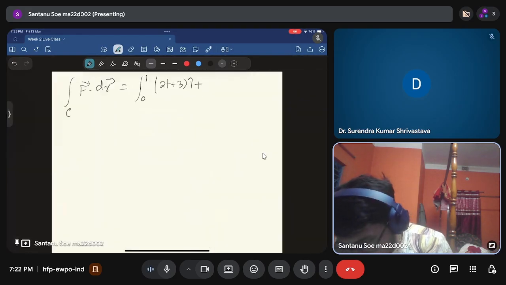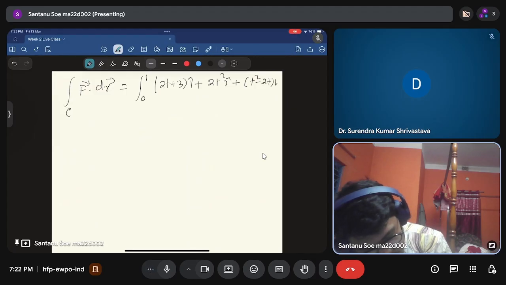So xz will be 2t square j plus (t square minus 2t) k, dot product 2 dt i plus dt j plus k dt.